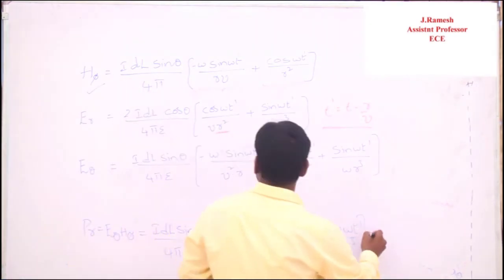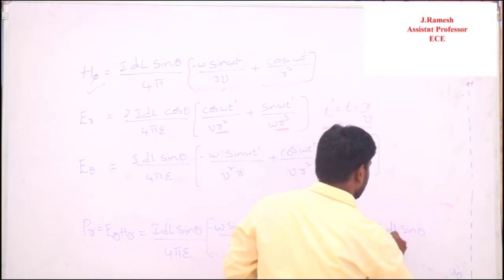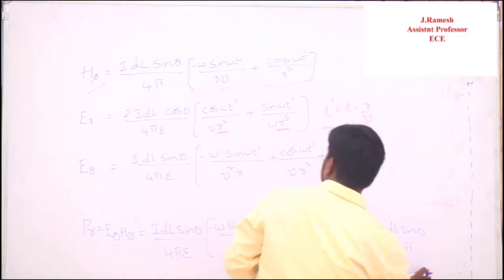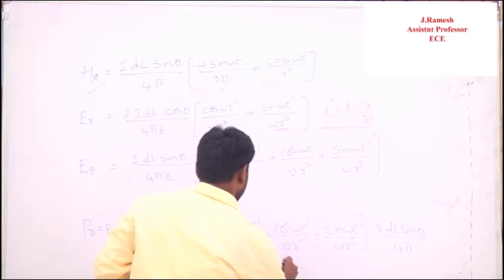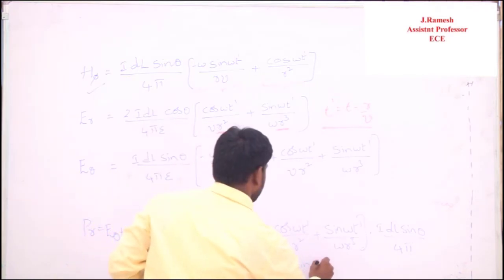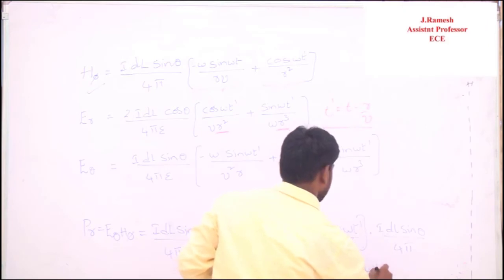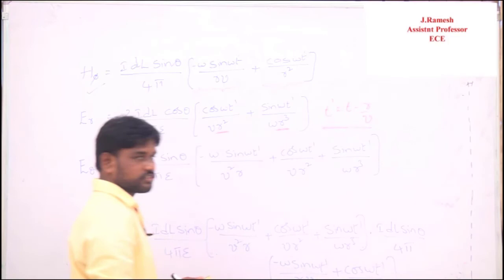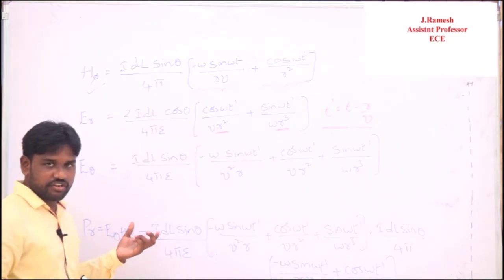So for my convenience I am writing the same expression, I dl sin theta by 4 pi multiplied with simply the remaining terms: minus omega into sin omega t dash by R into V plus cos omega t dash by R square. So now this is the PR, power radiated in the direction of R.